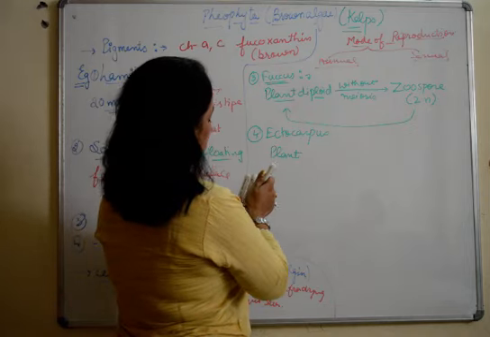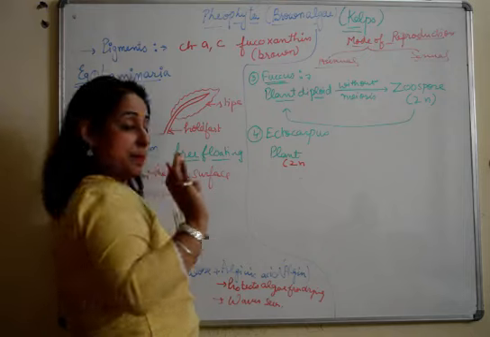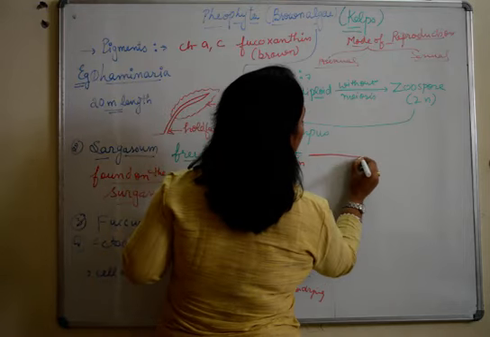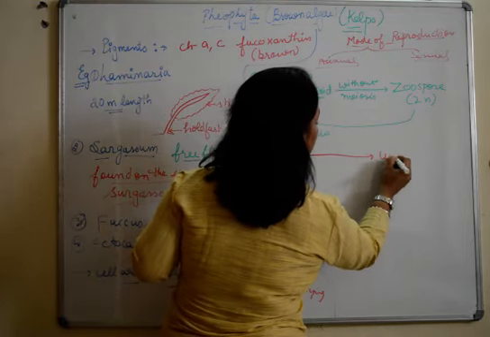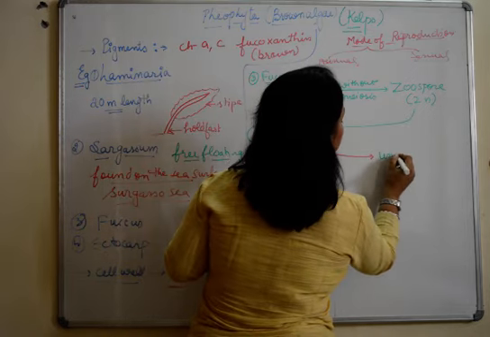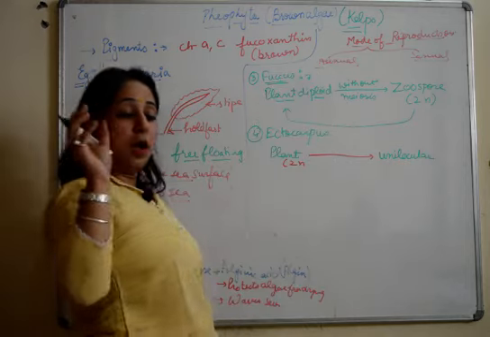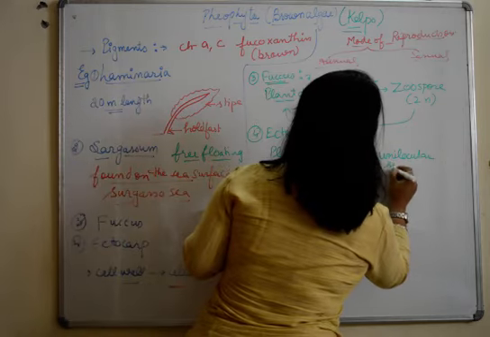The plant is diploid. It will reproduce by both ways. In one of the conditions, it forms a unilocular sporangium.